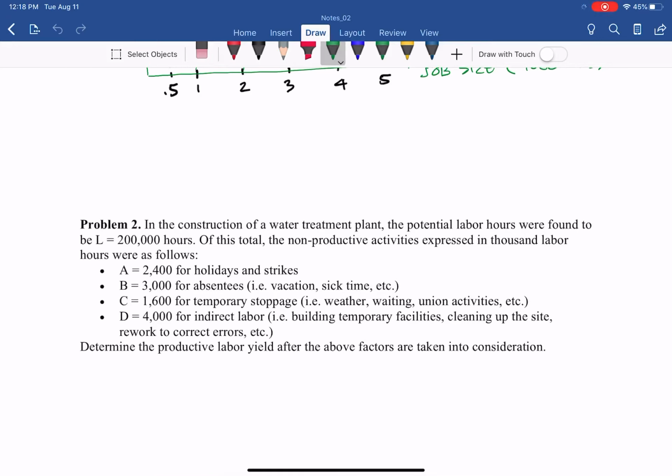The next concept we will discuss is the productive labor yield. So what is that about?